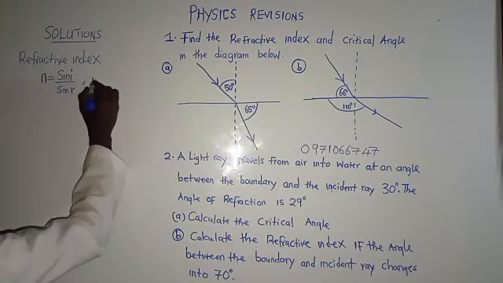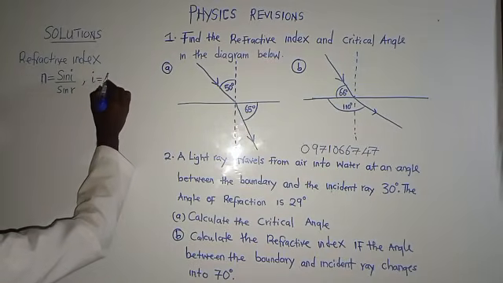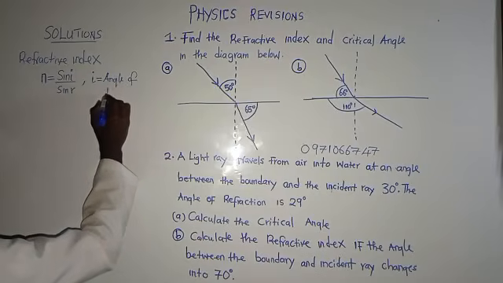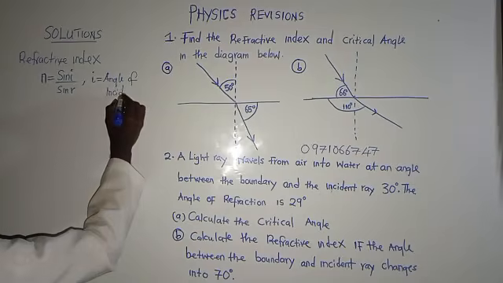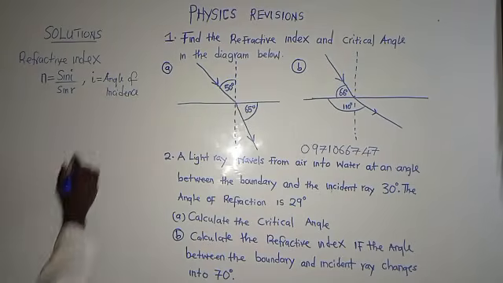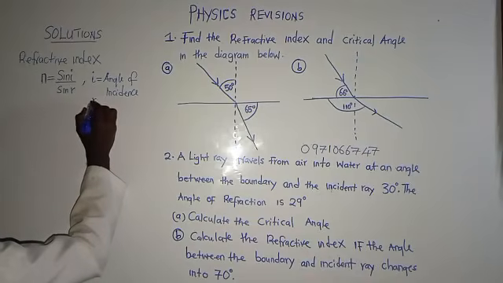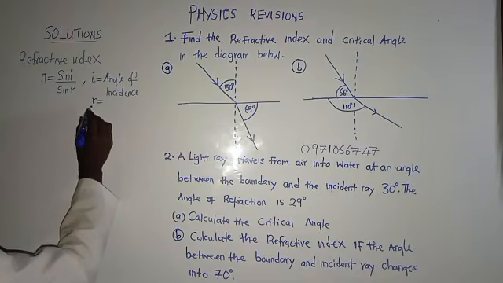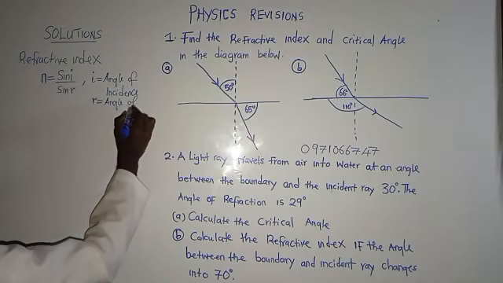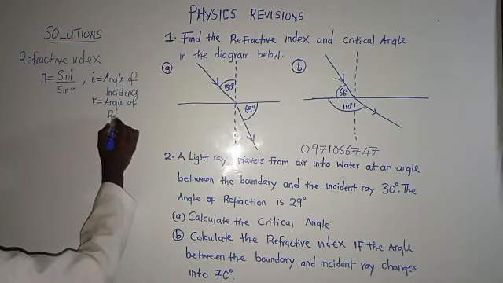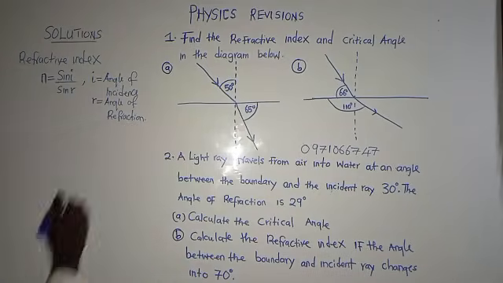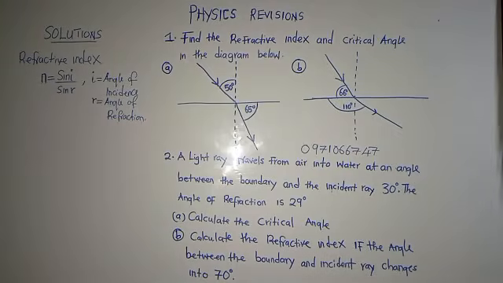You know that the i that is there is the angle of incidence. The r that is here is the angle of refraction. These are two important things that you need to know.